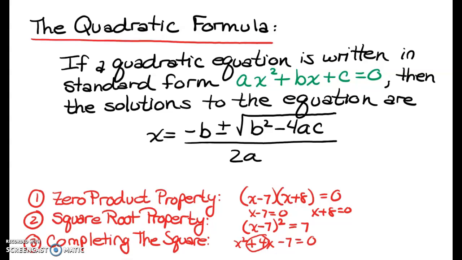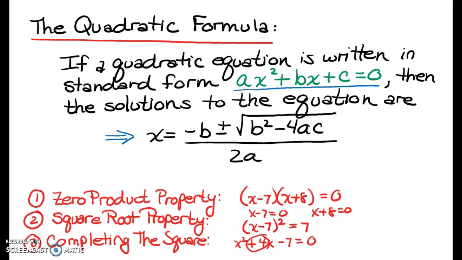So if your quadratic equation is written in the standard form, and this is the standard form for all equations, where all the terms are moved to one side and your equation equals 0, so if it's written in the standard form, ax squared plus bx plus c equals 0, then the solutions to the equation are this.